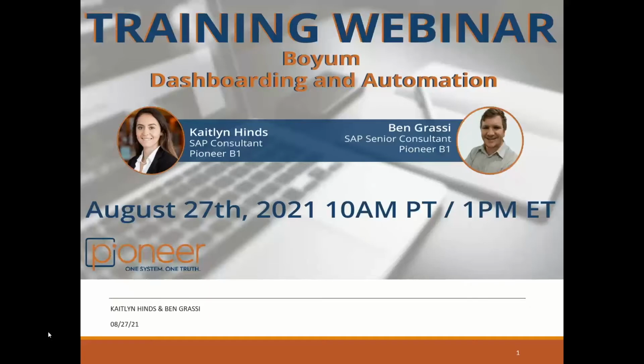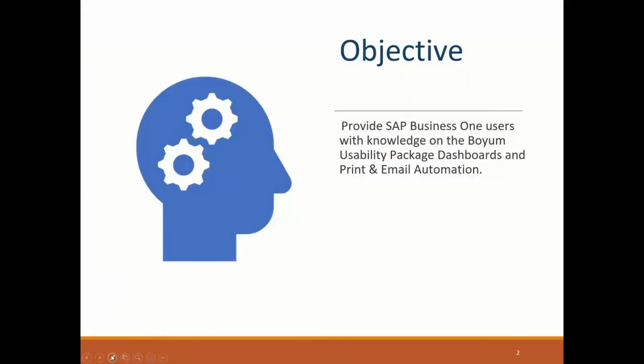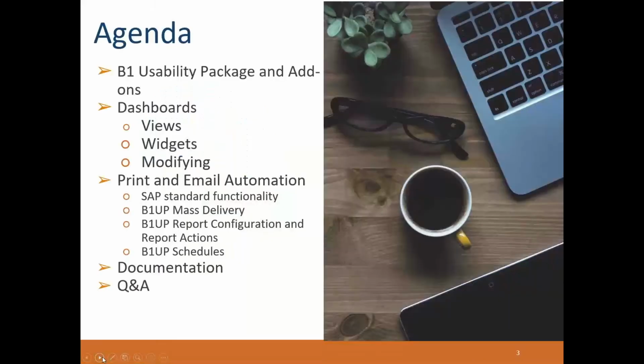So let's go ahead and get going here. Our objective today is to dive into the Boyum usability package, which you'll hear us refer to as B1 Up or just Boyum, and really focus in on the dashboards and print and email capabilities. To start, I'm going to start with a quick discussion of what an add-on is for SAP Business One, as you may not have used them before, or you might already actually have the B1 Usability Package installed.